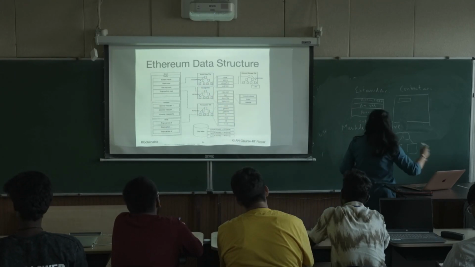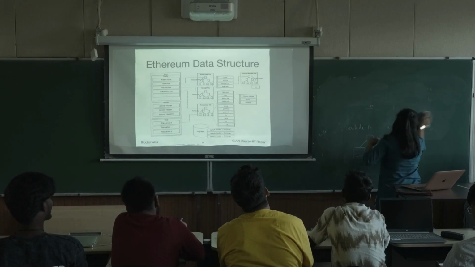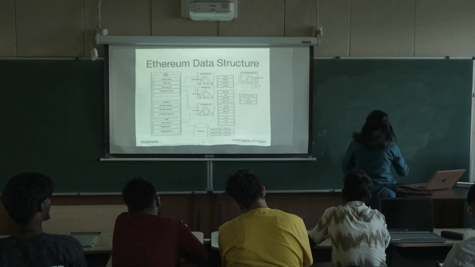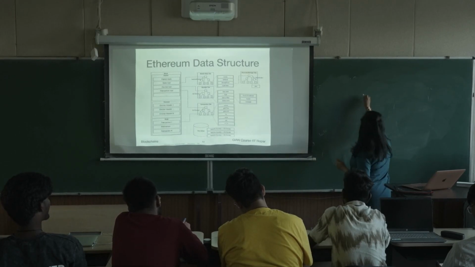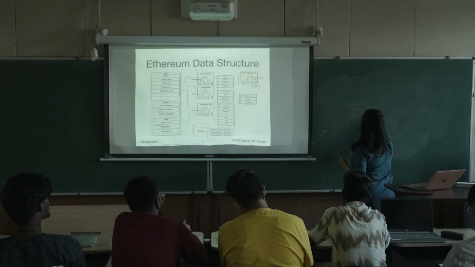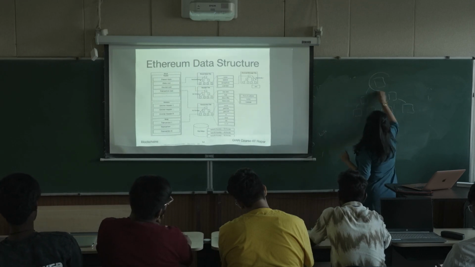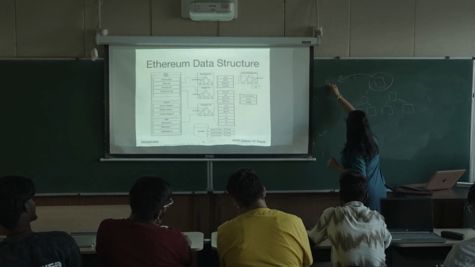So essentially, it looks like this. If you think that there's a world state trie, this is a Merkle-Patricia trie, but I'm just drawing it as a Merkle trie. So this is kept in the block.